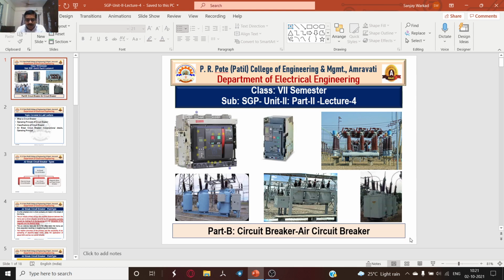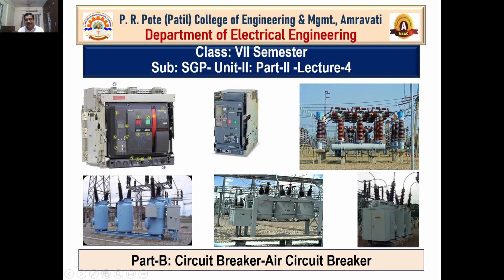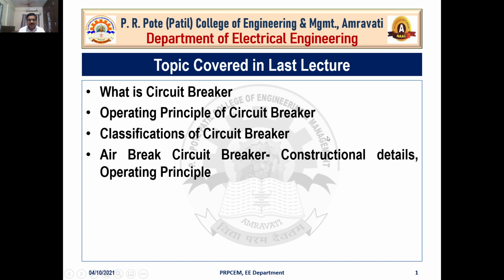So we are continuing our discussion of part B of this unit, that is the circuit breaker. In the last part we mostly discussed the basic principle of circuit breaker, as well as the several operating principles of circuit breaker.